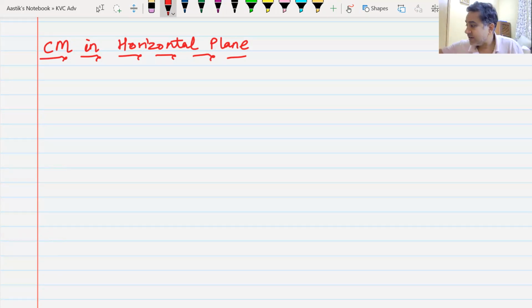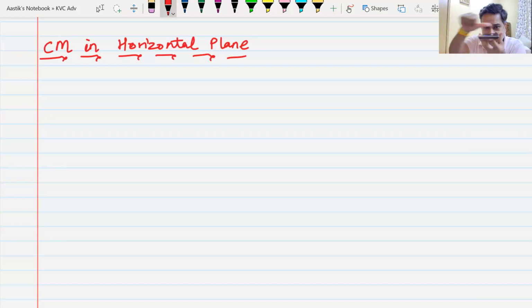But we must understand that in circular motion, X, Y, and Z may not be the way to go about it. So whenever we talk about circular motion, how do we give the direction? We talk about the plane in which circular motion is happening. So that is the plane. It has two directions, and then there is a direction which is perpendicular to the plane. Now in the plane, how do you give the two directions?